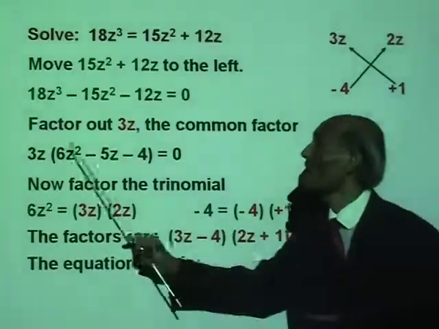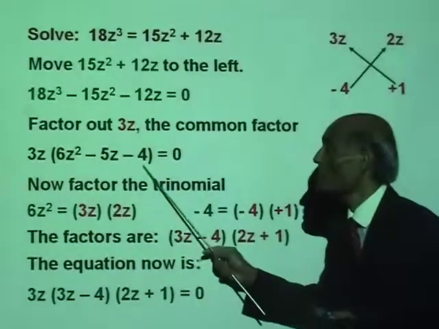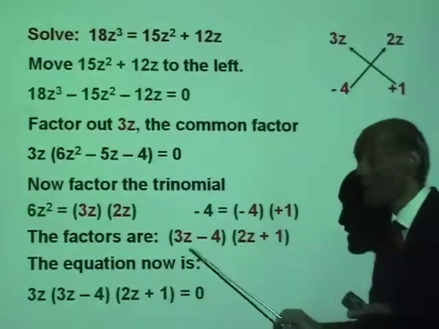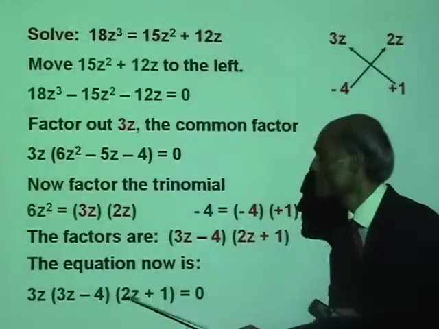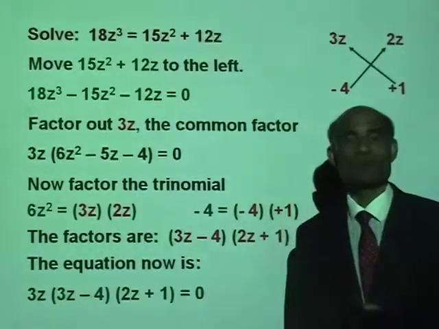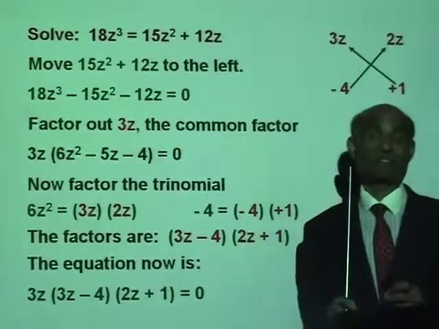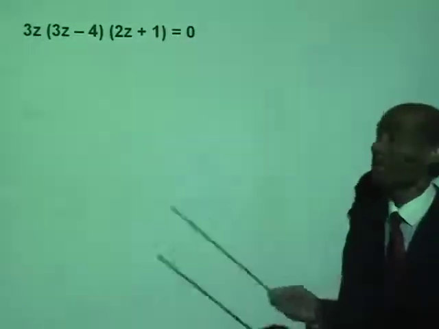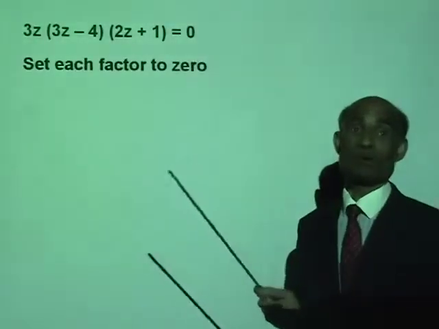The whole equation now is 3z times, this trinomial is now replaced by its factors, 3z minus 4 times 2z plus 1 equal to 0. Now we have factored the left hand side. We go to the next slide and now set each factor to 0.